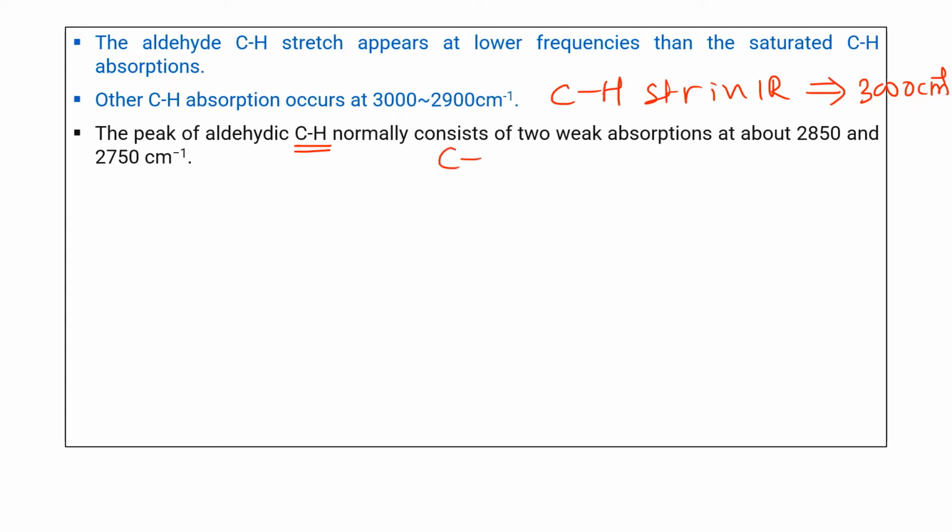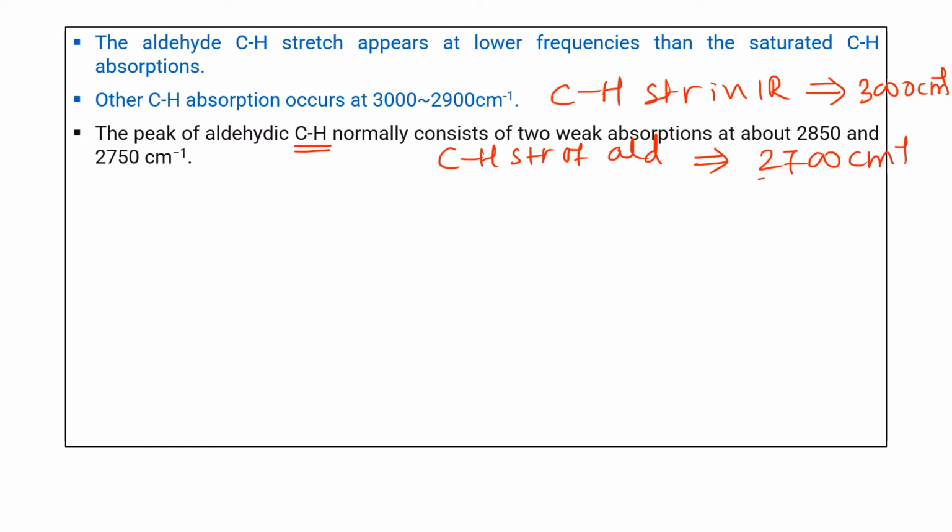So this CH stretching of aldehyde in IR is very characteristic because of the peak which appears around 2700 centimeter inverse.